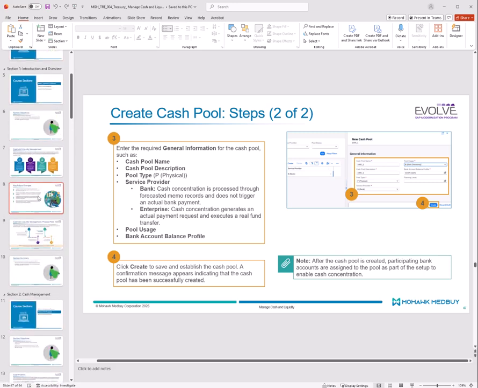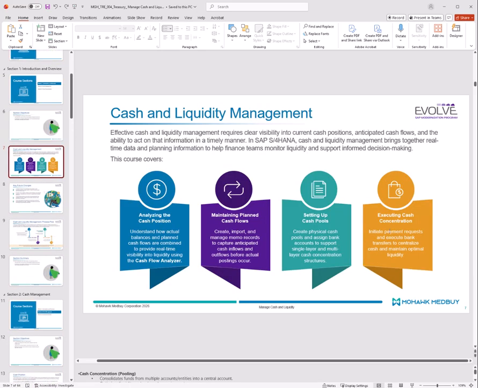So again, these are the main four areas. For cash concentration, we first have to make a cash pool, and in the cash pool there are two types we have to select, whether it's bank or enterprise. Bank means for memo purposes, enterprise means actual posting in the system and also in the bank. There is also a concept of single layer and multi-layer. Single layer is, in our case, one header account and one sub account.